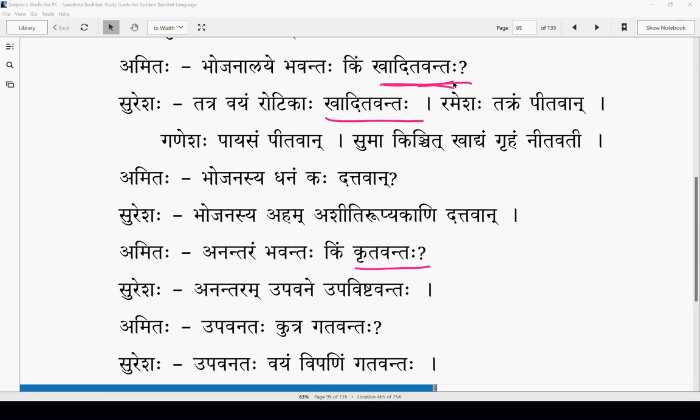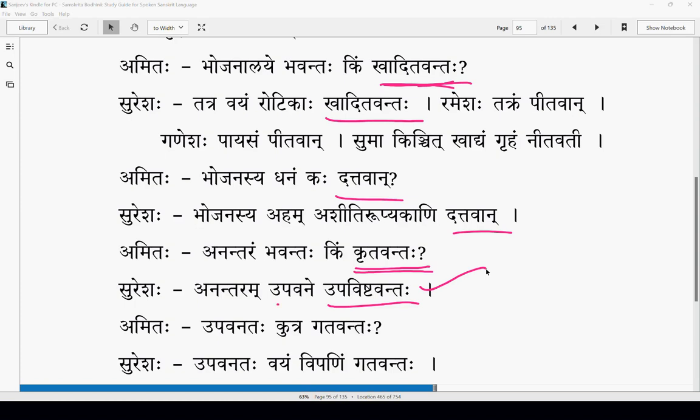Bhavantaha, which is also Bahuvachanam in Pullinga. Then Dattavan is there here. What is the Ekavachanam of Krutavantaha? Krutavan. Upavishtavantaha, Upavishtavan. What is the meaning? Upavishati.